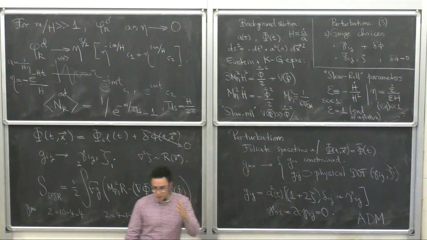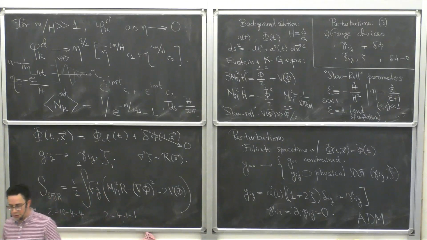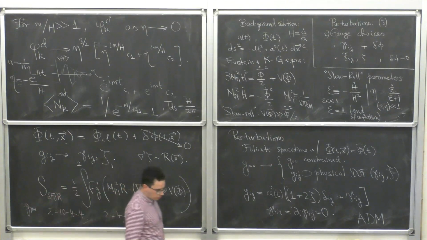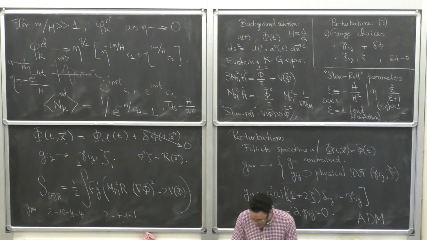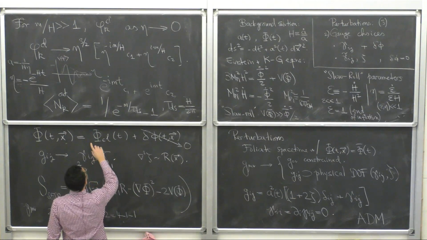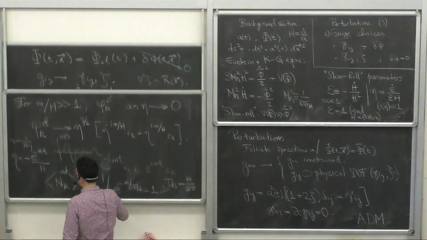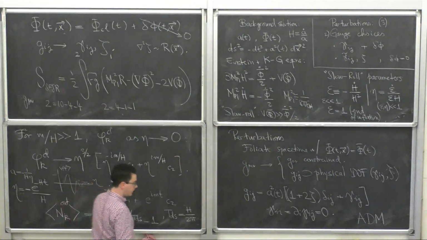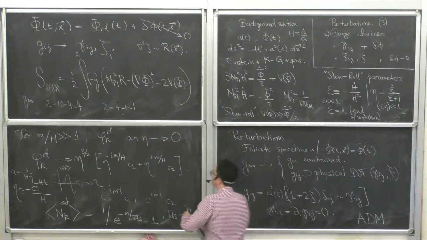So you're going to have a quadratic action for zeta, a quadratic action for gamma. And when the dust settles, the result is very simple. When the dust settles, this is what you get.